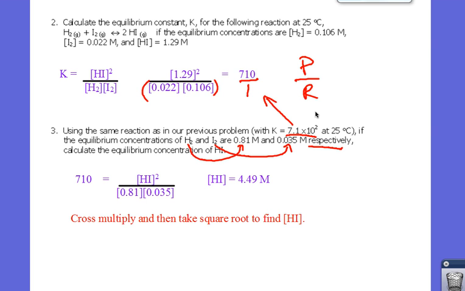Number 3 is the same idea. Just want to go over the language of this question using the same reaction as previously. There's K. The equilibrium concentrations of H2 and I2 are this and this, respectively. That means in the same order as they're written, H2, I2, with respect to each other as they're listed there.